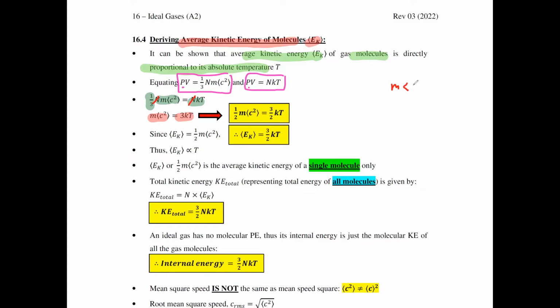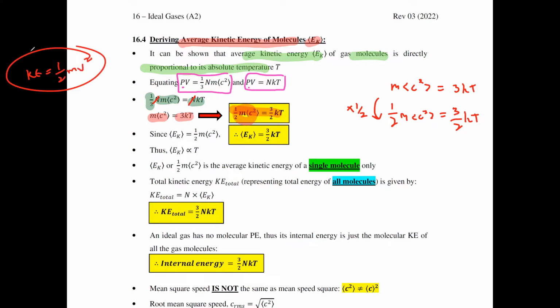If you have Mc squared equals 3kT, you multiply both sides by half, you're going to get half Mc squared equals 3/2 kT, isn't it? Now, this equation here is actually similar to the KE equation of half mv squared, isn't it? So here you see m is your mass of gas molecule, c is your mean square speed.